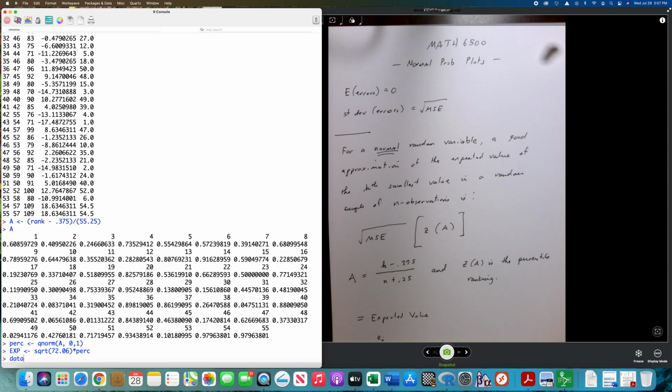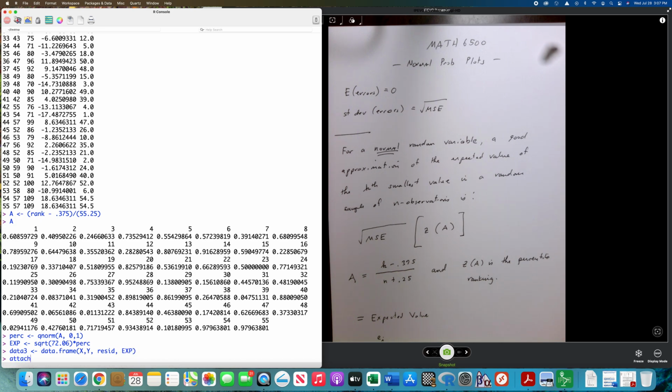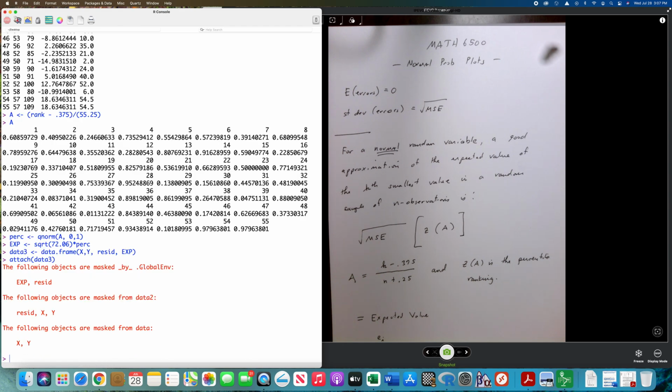Now, let's create a new data frame. I'll just call it data 3. So what I want here, obviously, is my X, my Y, my residuals, and the EXP. So I attach data 3, and then let's just do head data 3.